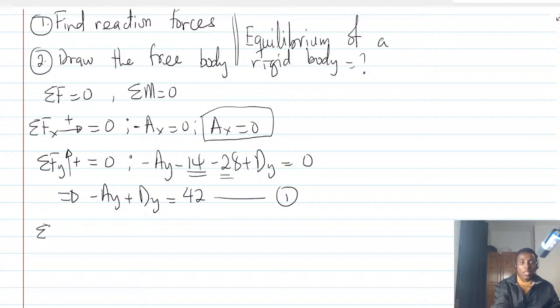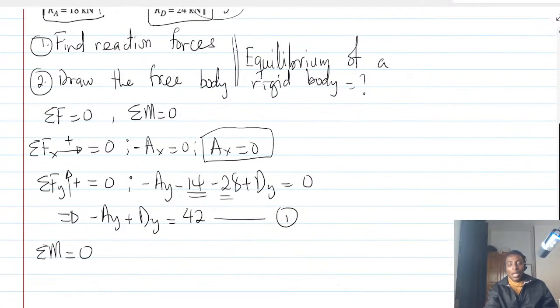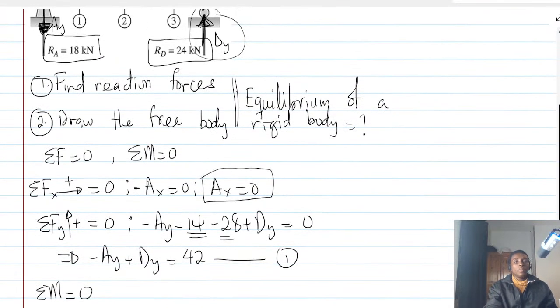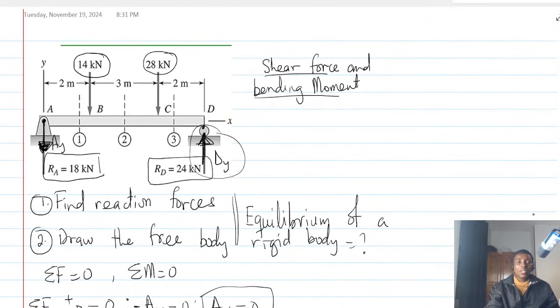For moment, summation of moment is 0. We will go back to the diagram and take moments.